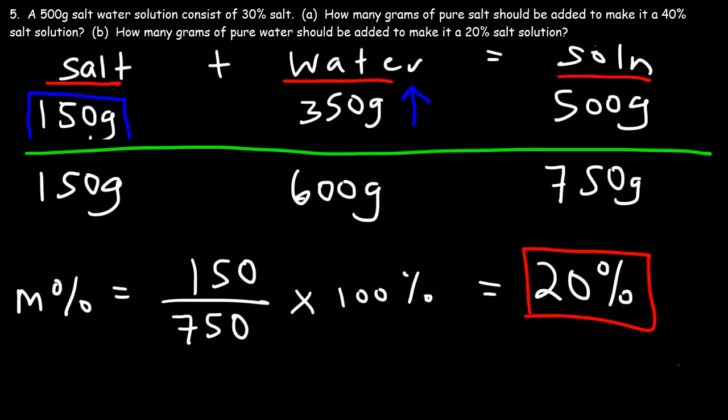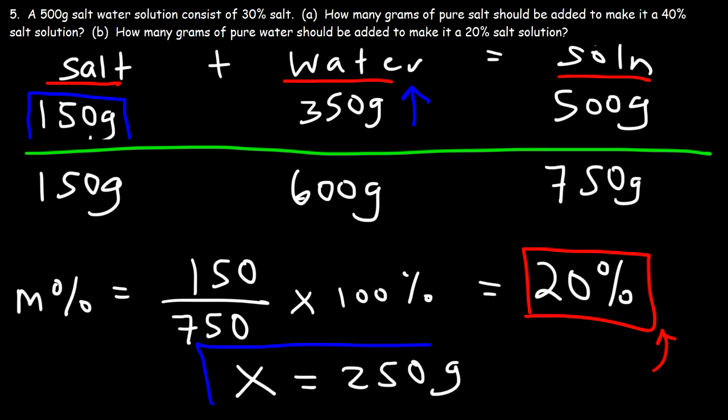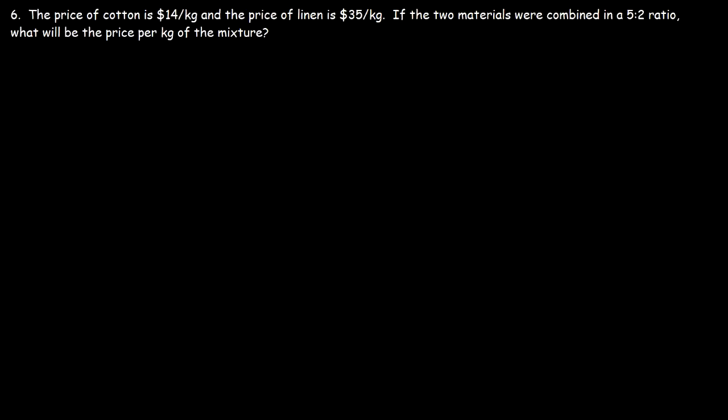And so that confirms the answer for this problem. Now the answer is not 20%, but the answer is x, which is 250 grams. So this is how many grams of water that we need to add to the solution to decrease the concentration of the salt solution from 30% to 20%.